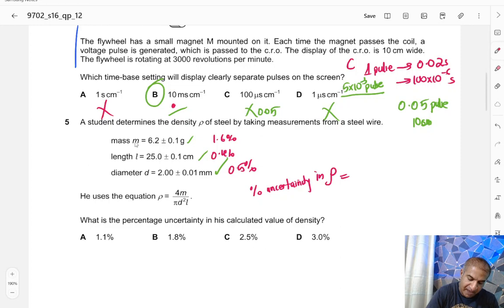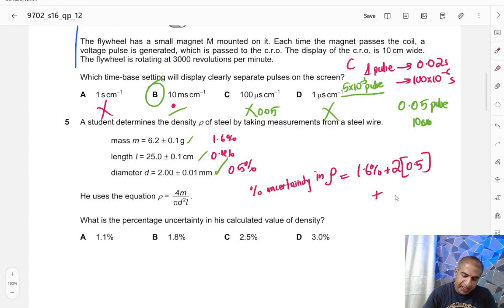We happen to have mass, and the mass has a percentage uncertainty of 1.6%. Add to it, we happen to have the diameter square. So be careful. Square operation means that we need to double the percentage uncertainty. So if we were getting d raised to power 3, that would mean we would have to multiply it by 3. But nevertheless, this is only a square, so we're just going to multiply it by 2 over here. And the percentage in the diameter is 0.5.